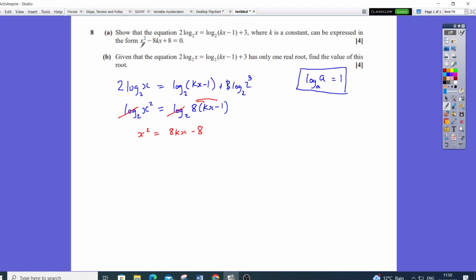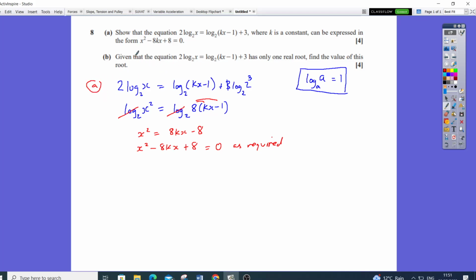So it's looking very similar to this, and if I bring everything to one side, I'm going to get x squared minus 8kx, minus 8 goes to this side so it becomes a plus 8, and that will equal 0 as required. Okay, so we've done part A.